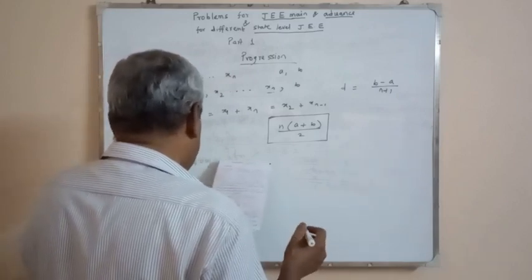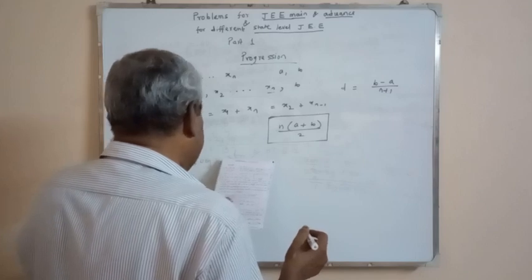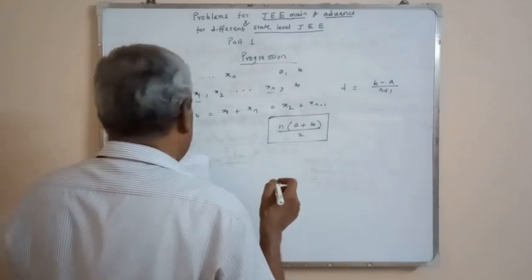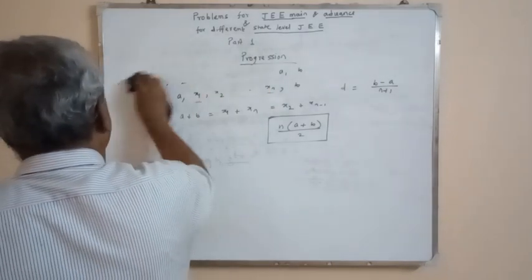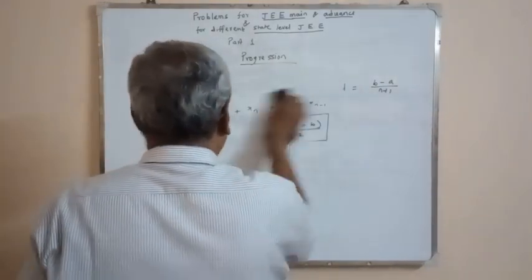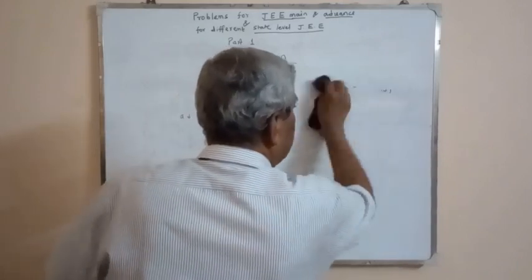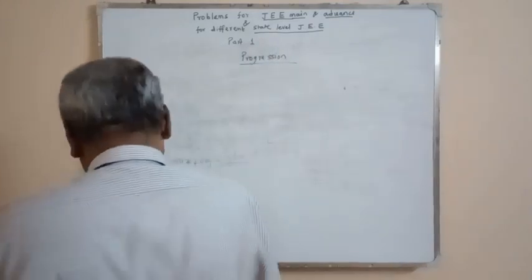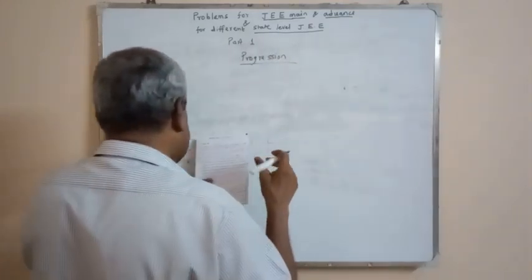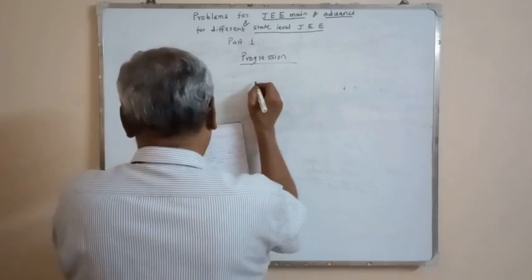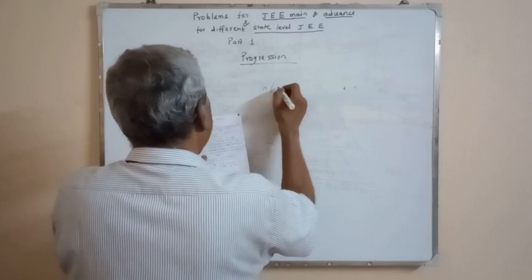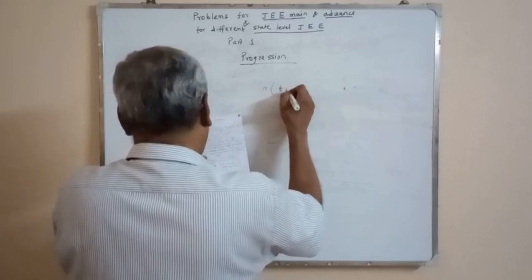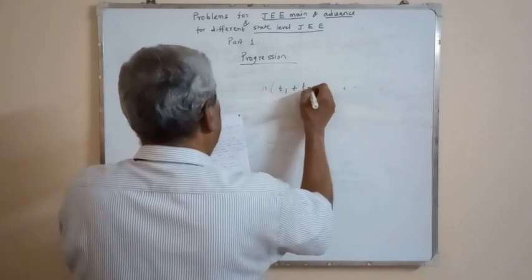the sum of an AP containing 2n terms is equal to n into (T1 plus T2n).